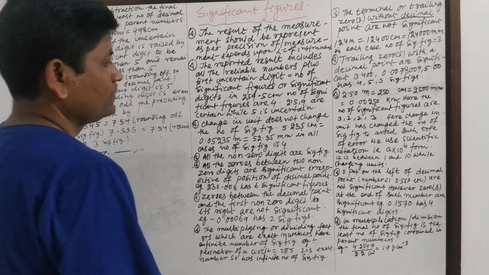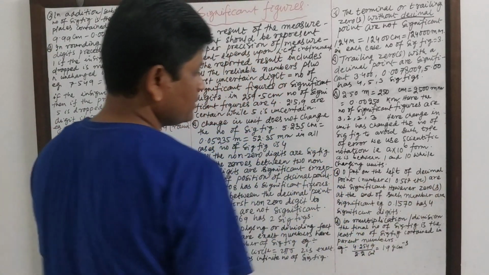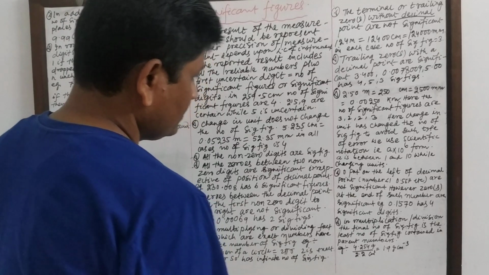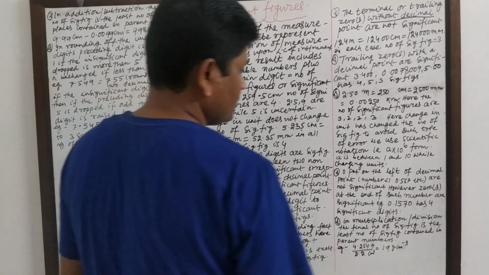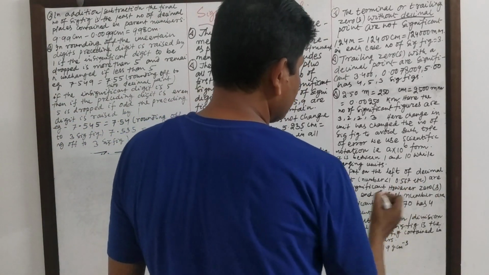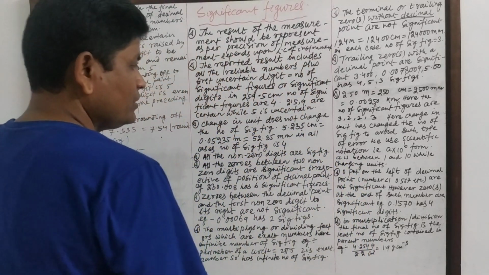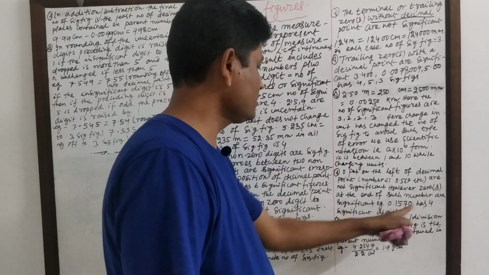Now 0 put on the left of the decimal point, when the number is less than 1, like 0.567 etc., is not significant. However, 0 at the end of such numbers is significant.